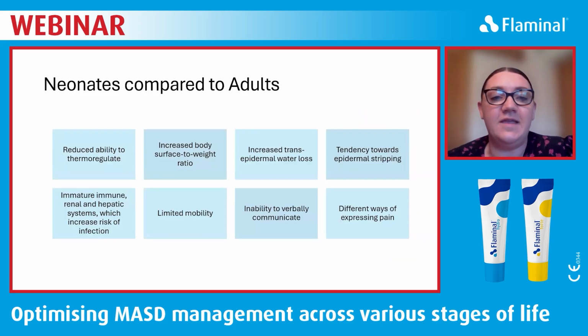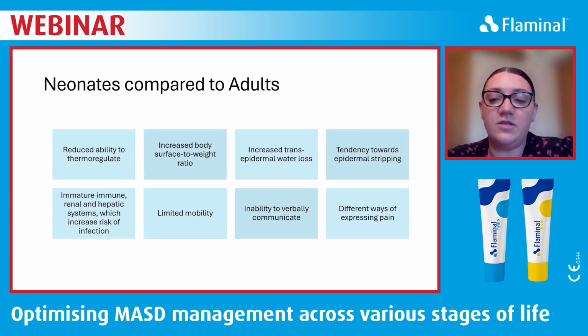When we're comparing neonates to adults, there are even further differences that we need to take into consideration for our neonatal babies. The differences include a reduced ability to thermoregulate and an increased body surface to weight ratio.